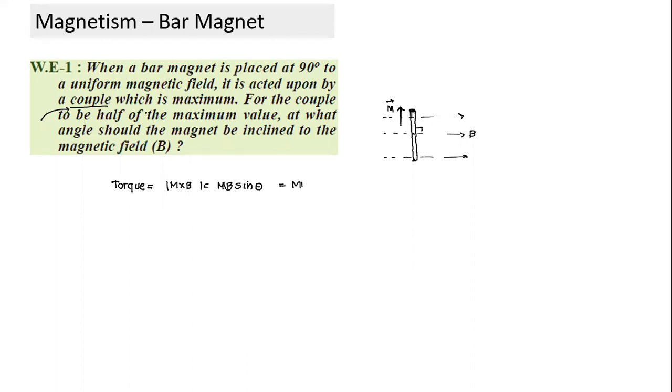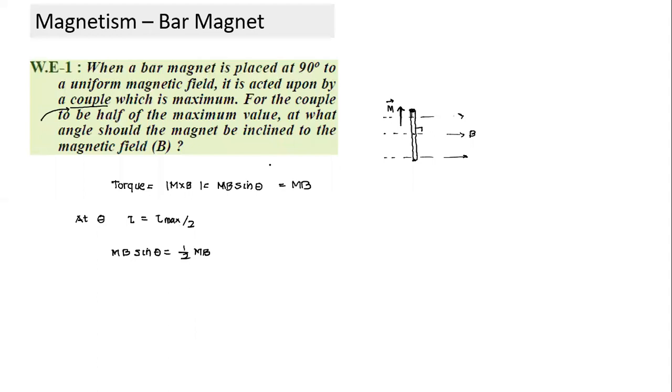For the couple to become half the maximum value, at what angle will the torque become half? Let some angle theta be where torque is half of maximum torque. At angle theta, the torque acting is mB sin theta, which equals 1/2 of mB.